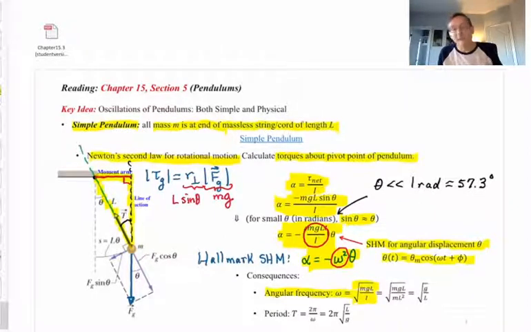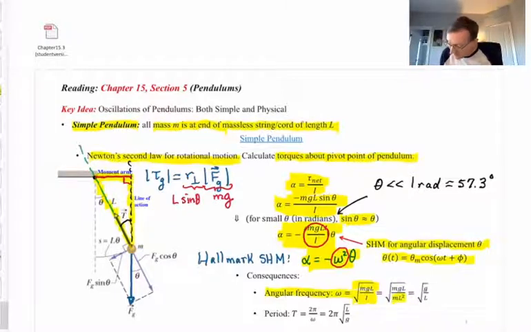The simple pendulum has a point particle. The bob is a point particle, a point mass, mass m, that's a distance L from the axis. Well, we already know how to calculate rotational inertia for a point particle. That's a known distance from the axis. Take the mass times that distance squared. So in the next step here, I'm going to replace the I, rotational inertia, for a point particle with mL squared.